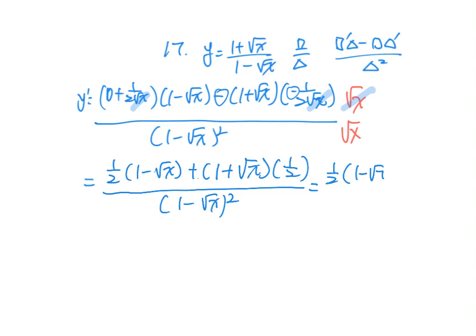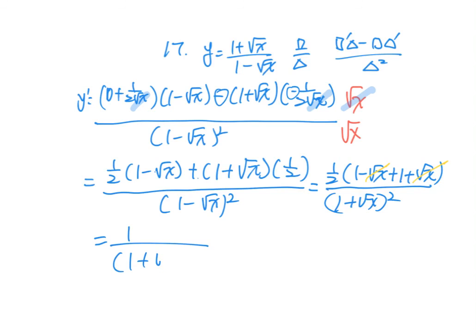Then 1 minus root x plus 1 plus root x, over. I guess that's gone. So on the top, I really only have 1 plus 1 is 2. 2 over 2 is 1, over 1 plus root x, squared. So it is complicated, so just be super careful with your signs. All right. Good luck, guys.